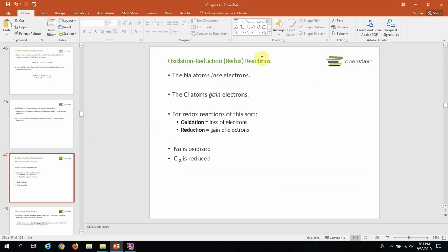Oxidation reduction reactions. The sodium loses electrons, the chlorine gains electrons. For redox reactions of this sort, oxidation equals loss of electrons, reduction is gain of electrons. Sodium is oxidized, chlorine is reduced.